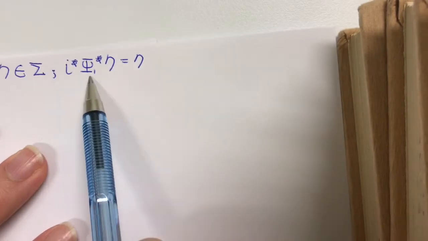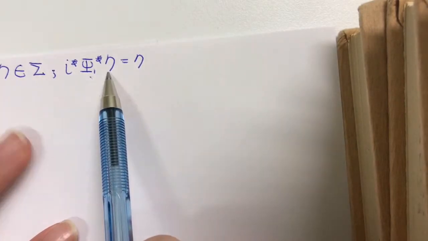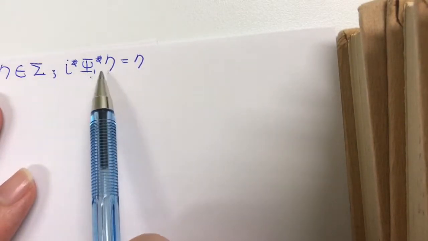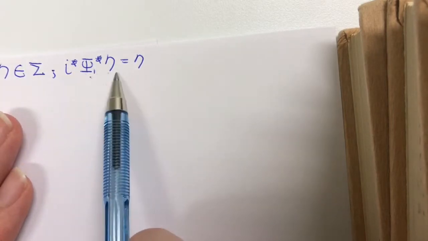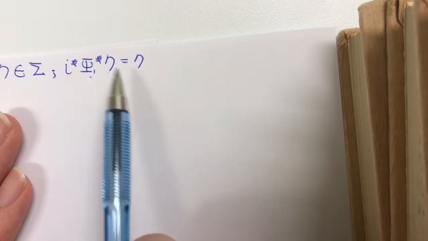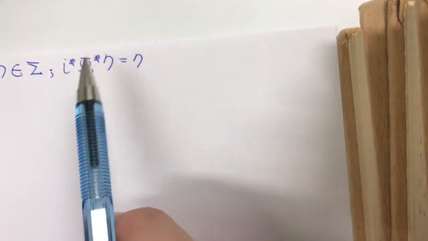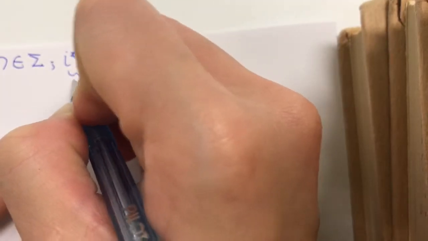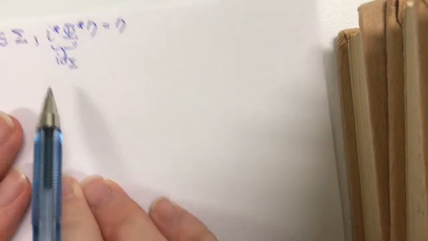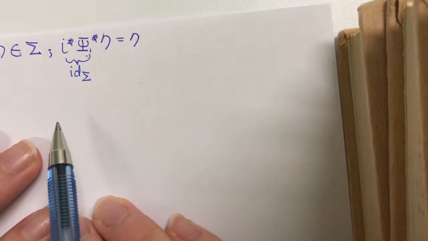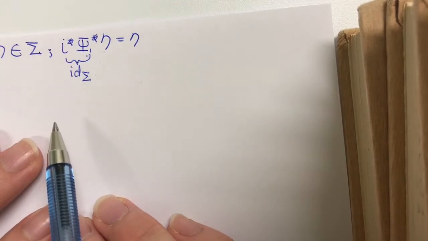So this psi 1 would pull this eta from sigma to M, and this induced inclusion map would then pull the one form back to sigma. So this is equivalent to the identity map of sigma. If we can prove this, then we can complete the proof of the deformation invariance of the deformation retract.